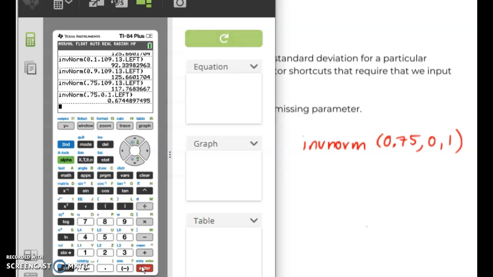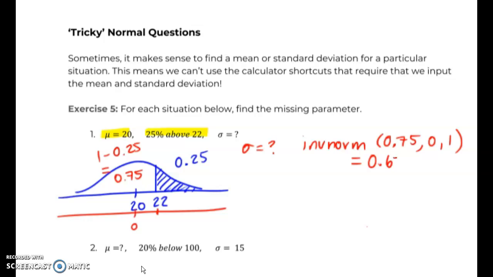This gives us a z-score of 0.67. Usually z-scores are rounded to 2 decimals because that's what the table gives us. There's a couple of values that are commonly rounded to 3 decimals if they're right in between 2 values.